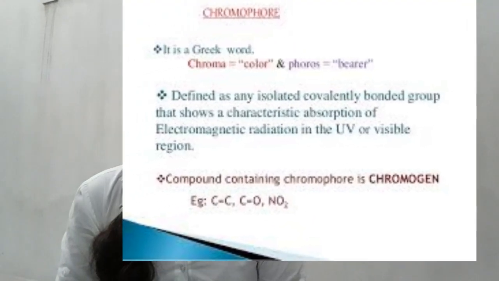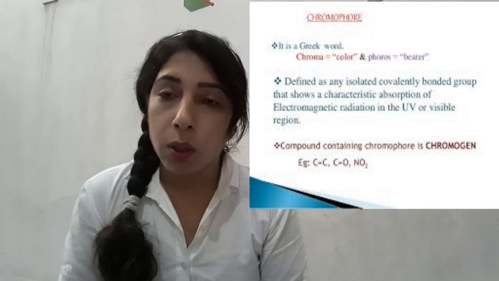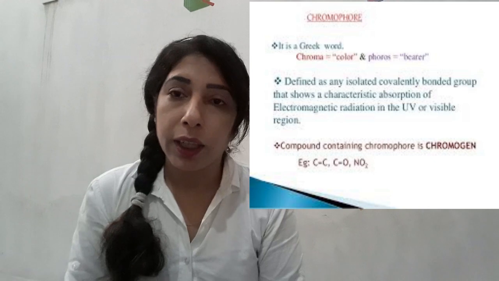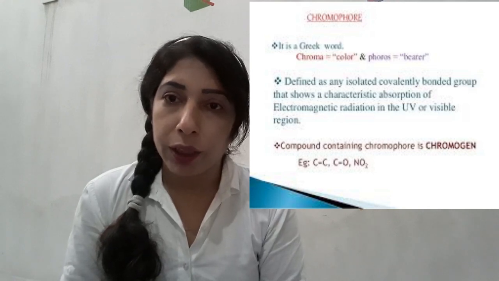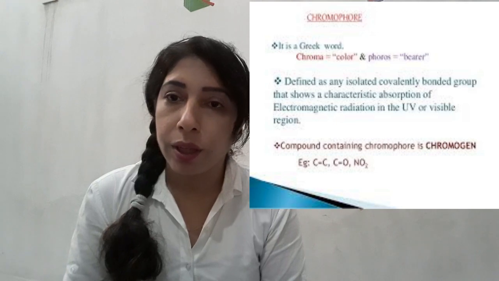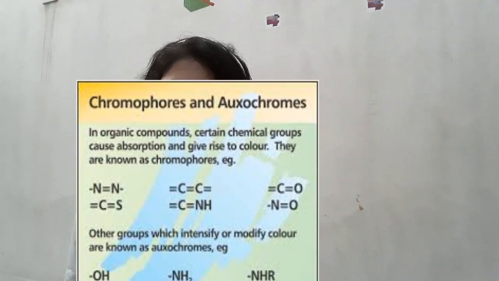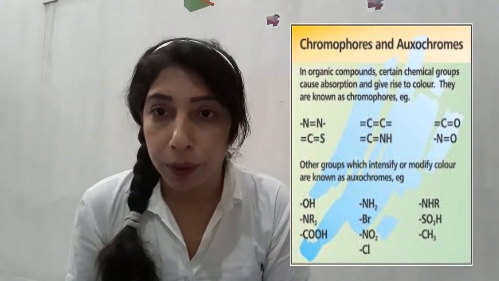Now, coming to some terms like chromophores and auxochromes. Chromophores are functional groups containing double bonds and heteroatoms with lone pairs of electrons. Because of this, they impart color to the molecule and they decrease the energy gap of the compound.